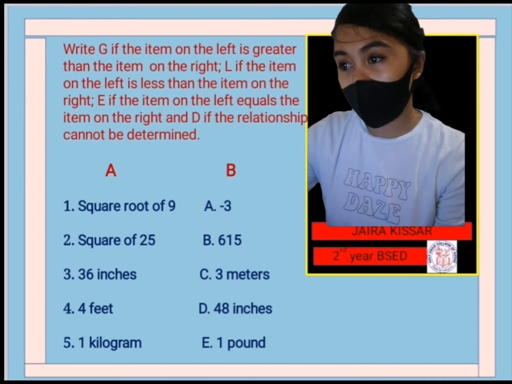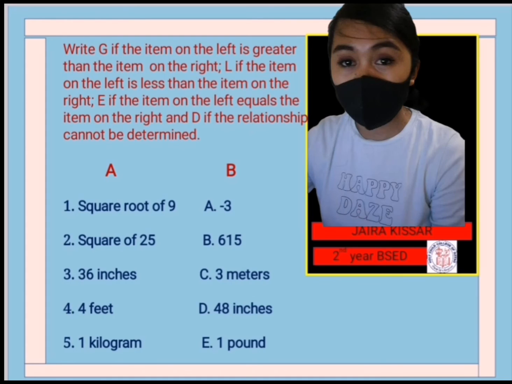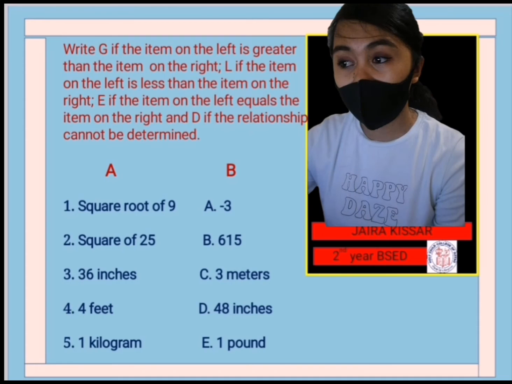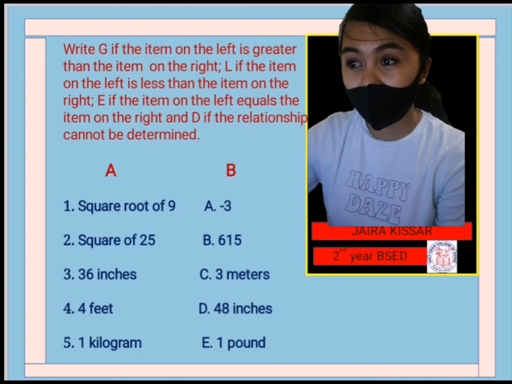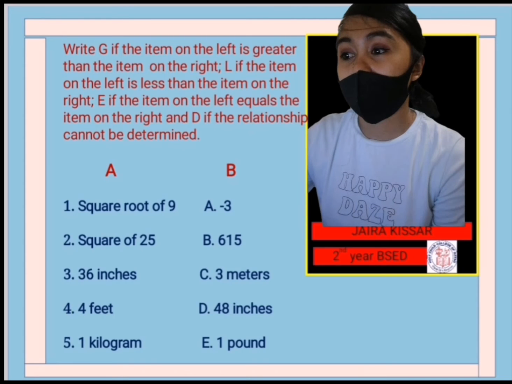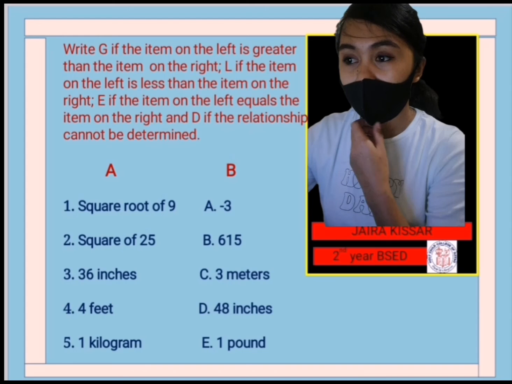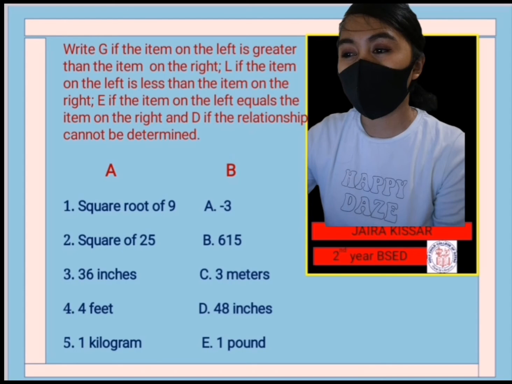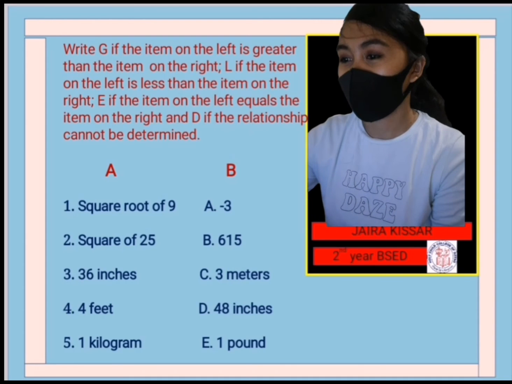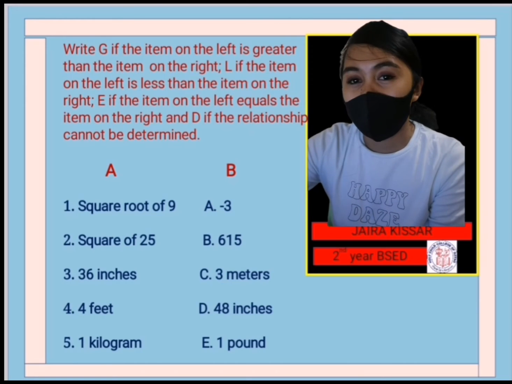Write G if the item on the left is greater than the item on the right, L if the item on the left is less than the item on the right, E if the item on the left equals the item on the right, and D if the relationship cannot be determined. So you have to read and understand the instruction carefully. Okay, simple mistakes will lead to a mistake.